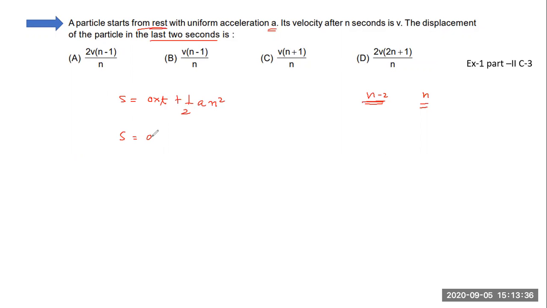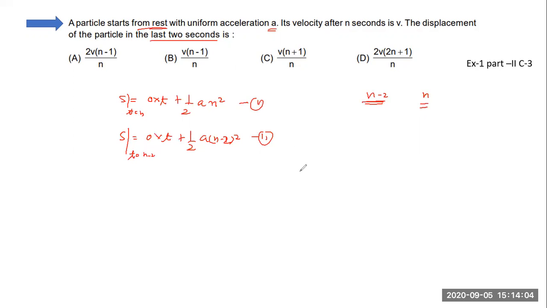And the displacement at n minus 2 seconds is half a n minus 2 whole square. So this will be the displacement at t is equal to n, and this will be the displacement at t is equal to n minus 2. Now subtracting these two, 1 minus 2 will give us the answer. That will be the displacement from n minus 2 to n. That is what we want.